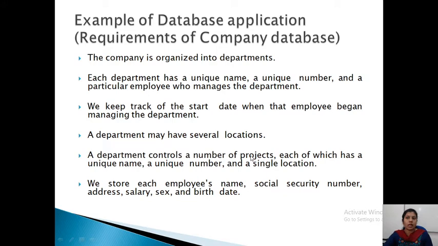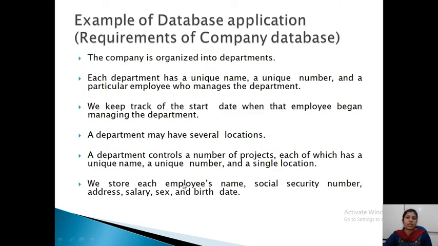So project is another entity, because department controls a number of projects, and again this is one of the objects. For project, what are the attributes? Project has project name, project number, and the location. Here they have mentioned a single location, so this is a simple attribute. But department has several locations, so that is multi-valued.